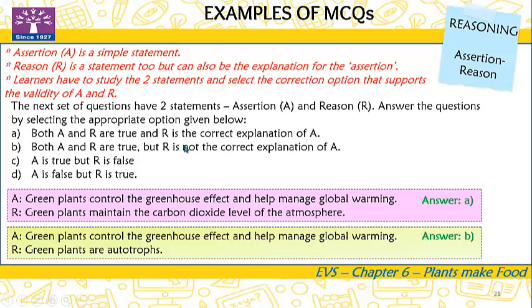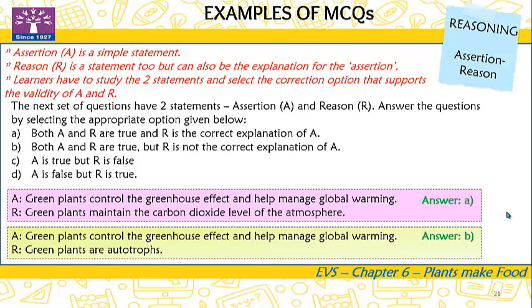Students have to remember that A and R should always be considered as independent statements, and no link should be established between the two unless and until they can provide a valid explanation.